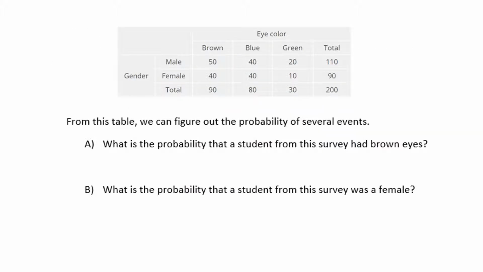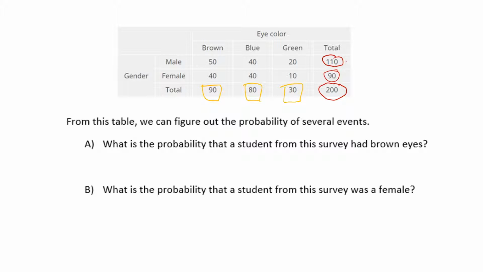So in the survey, we could see that there were 200 total students that were surveyed. 110 were male, 90 were female. Out of those 200 surveyed, 90 had brown eyes, 80 had blue eyes, and 30 had green eyes.